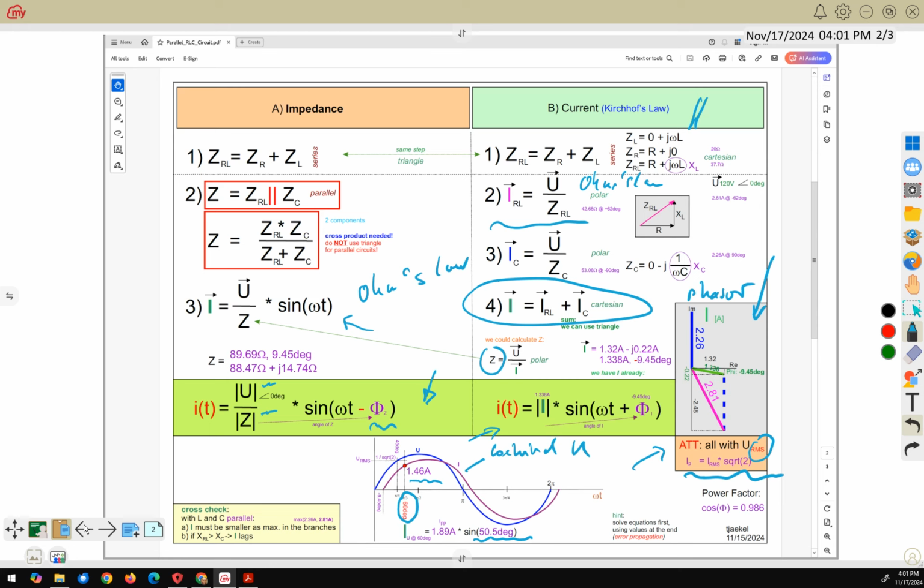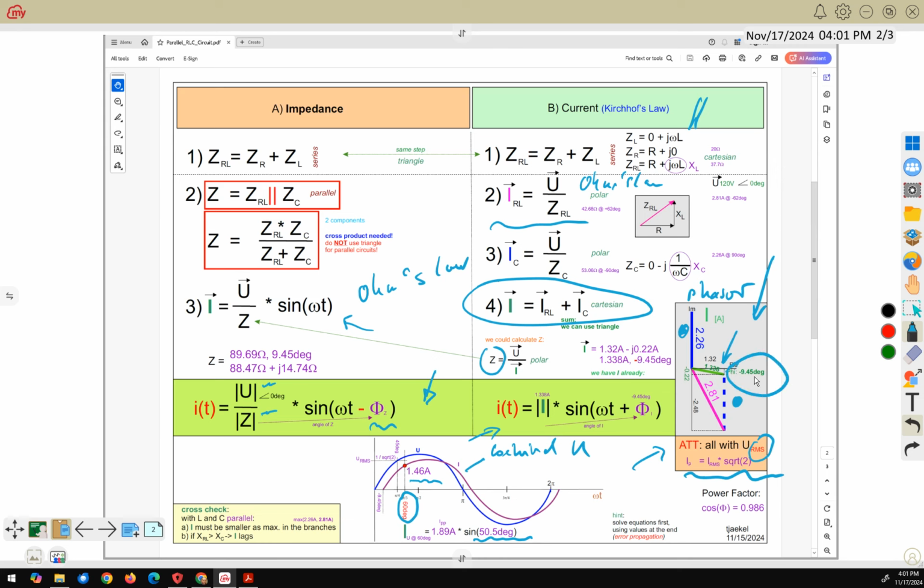Let me go back to this page. Here you see, okay, these currents are opposite to each other. This one here, the current through the capacitor, has a different direction than the current through the resistor and inductivity branch, so that the resultant one must be, first of all, smaller, and the angle must be smaller.